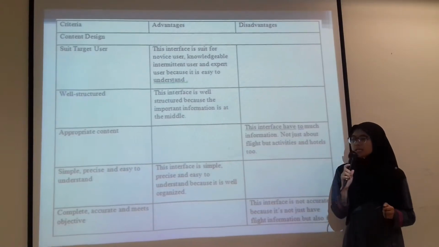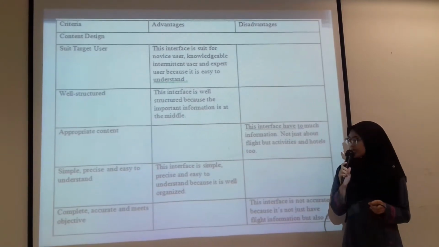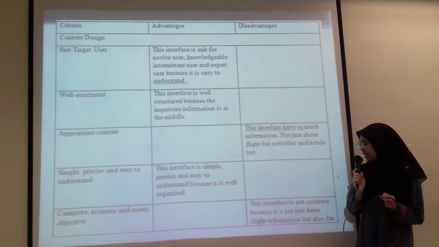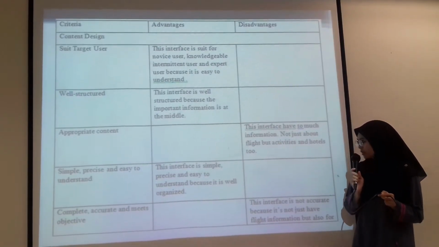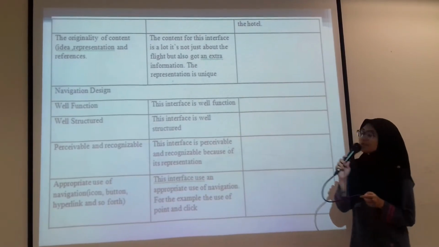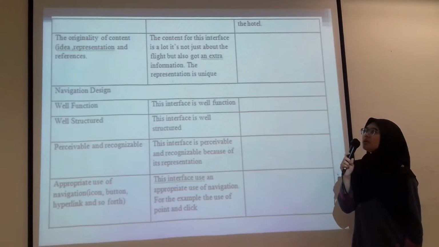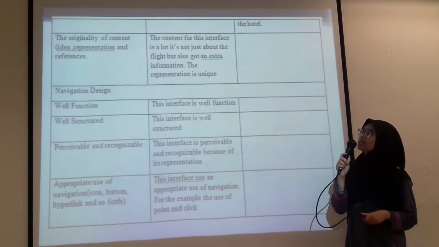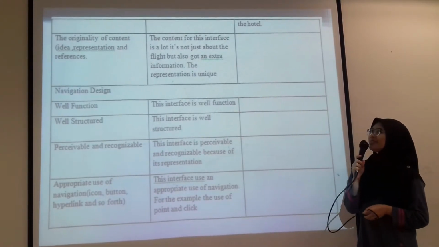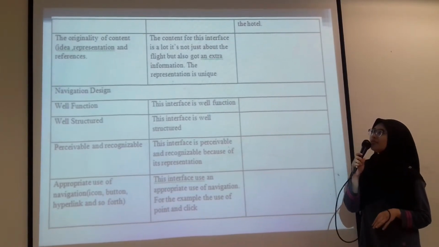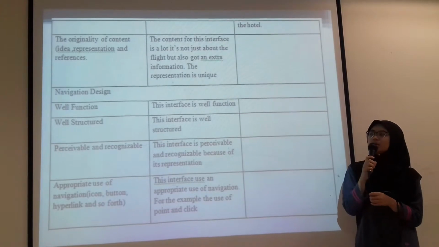After that, is it complete, accurate, and meets the objective? No, because this interface does not have only flight information, but also the hotel. And then the originality of the content of this interface is a lot, not just about the flight, and also has extra information. The representation is unique.